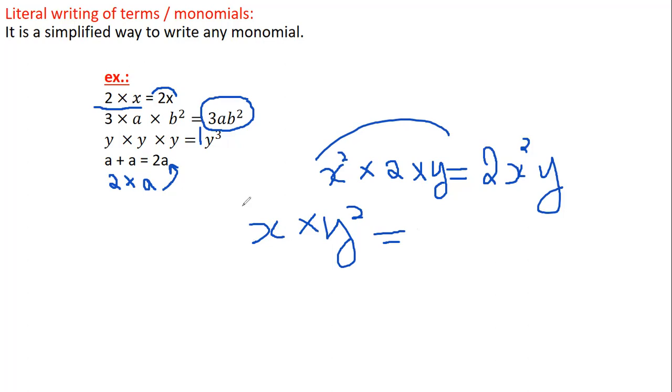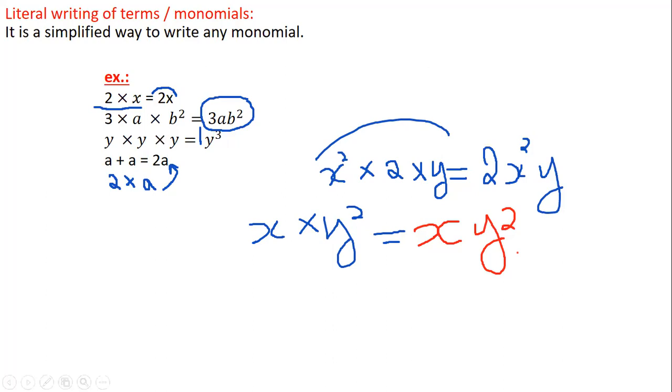No coefficient, which means the coefficient of x is 1. What's the coefficient of y squared? It's 1. So 1 times 1 is 1. No need to write 1. Directly I write the answer, x y squared. So please always keep in mind that whenever a monomial has a coefficient 1, there is no need to write the coefficient 1. Till here, I'm done with our lecture for this week.